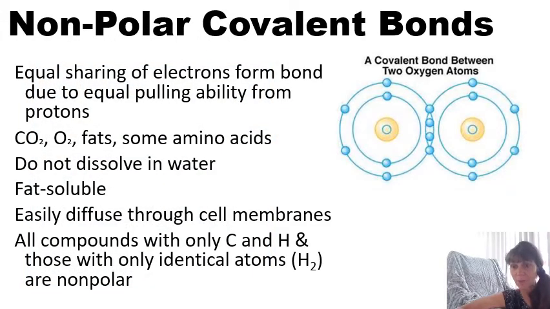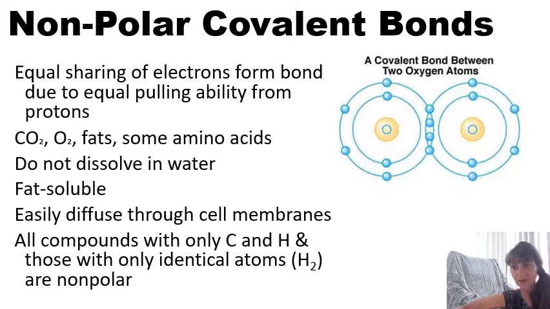Another type of chemical bond that can form is a covalent bond. Covalent, meaning valence shell, means that our electrons are being shared in the outermost shell of the atom with another atom. There are two types of covalent bonds.